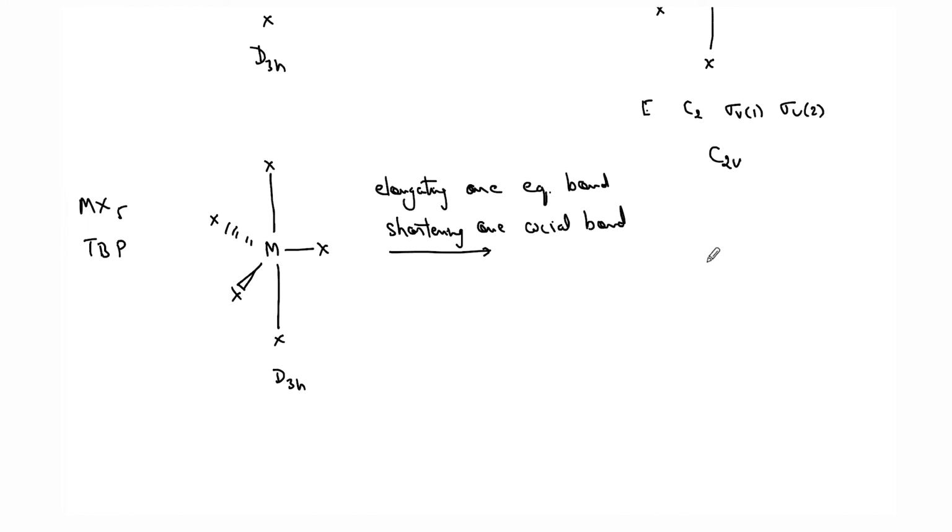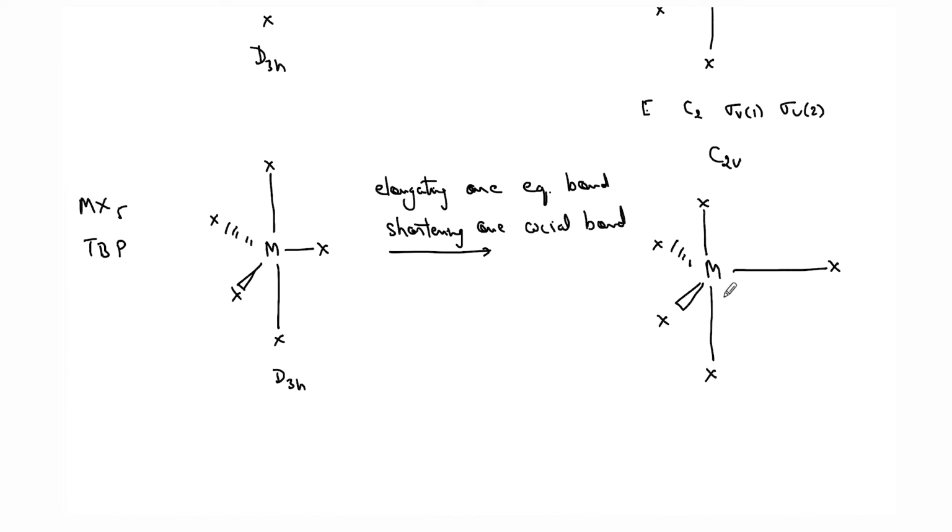Okay, so let us see how it works out. So you have MX elongated, these two are not changed, this one is reduced in length, this one is still the same. Now what do you think will be the point group?